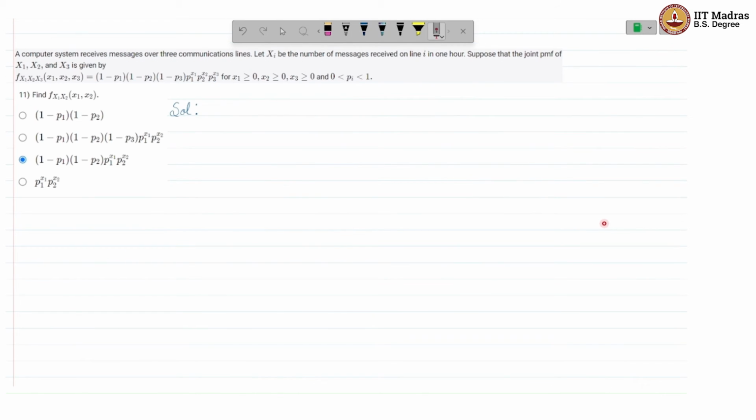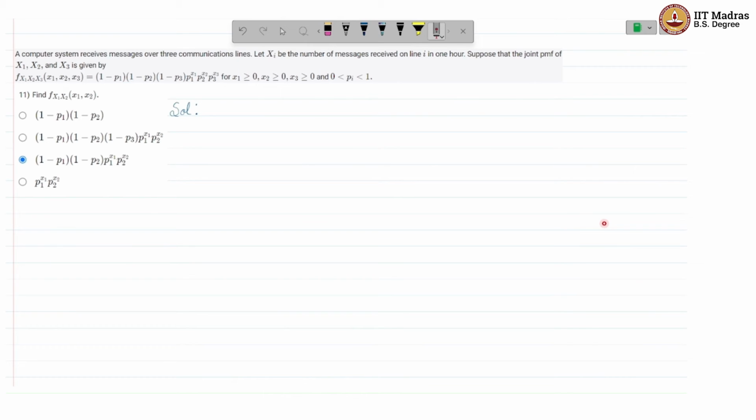Now coming on question number 11. Question number 11 says that a computer system receives messages over three communication lines. Let xi be the number of messages received on line i in 1 hour. Suppose that the joint PMF of x1, x2, and x3 is given below.